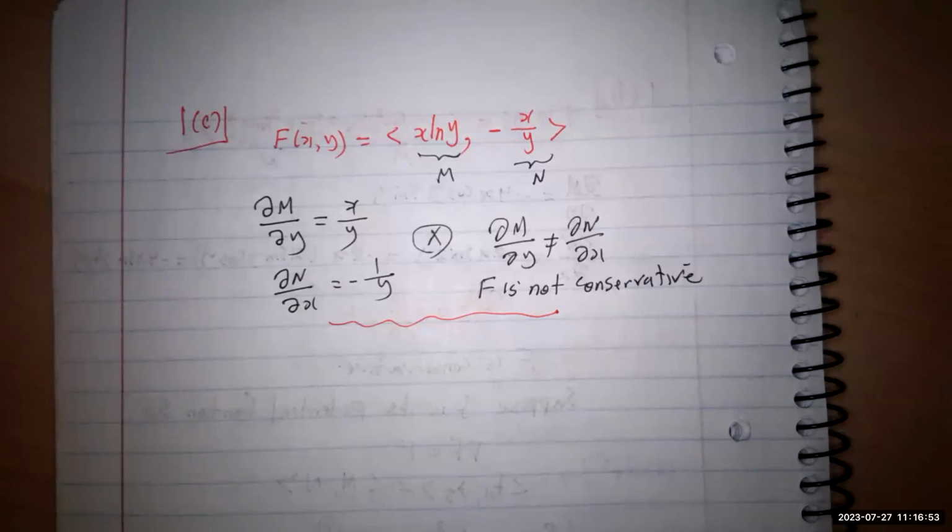We may ask you to prove that it's independent of the path. You know that if F is conservative, then the integral is independent of the path. And if that is the case, then you can find the integral using the fundamental theorem of line integrals, which is simply like the antiderivative that we did before.